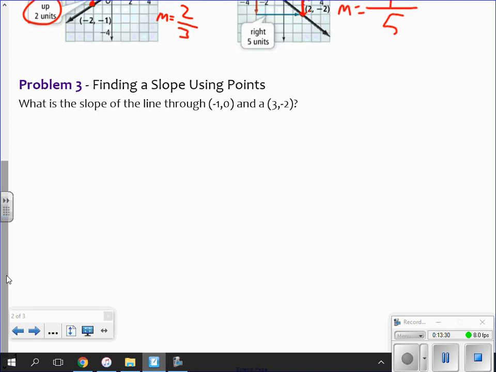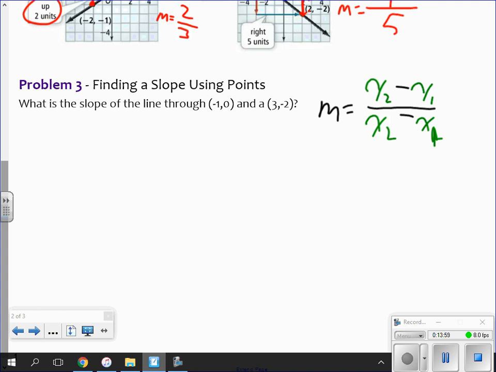I use the formula that we have for finding slope: change in y over change in x, y2 minus y1 over x2 minus x1. Once again, the stuff in black never changes. The stuff in green is what you put in.